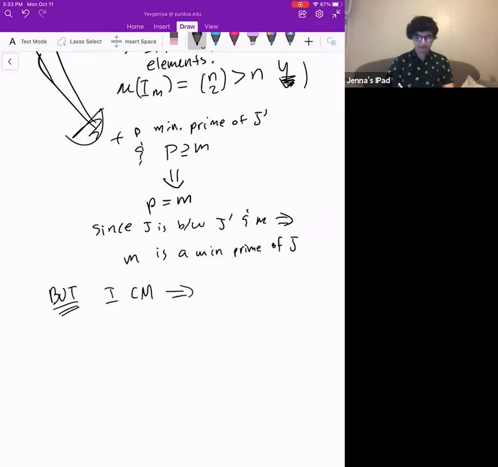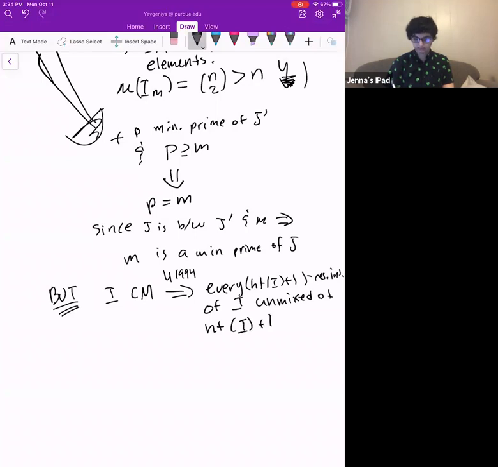And a result from Ulrich's paper in 1994 tells us that every height i plus 1 residual intersection of I is unmixed of height i plus 1.